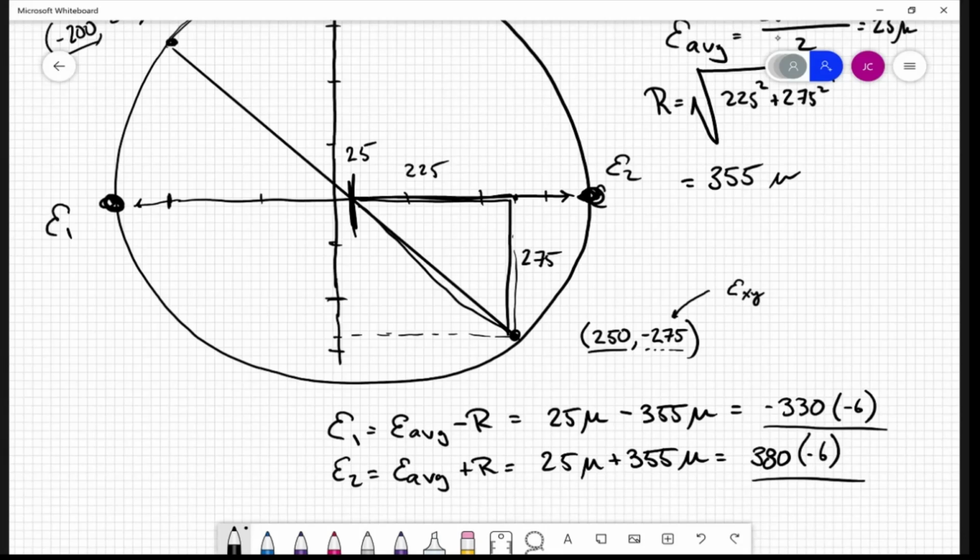Obviously, you could also figure out the max in-plane shear strain, which will be the radius times 2. It's the diameter of the circle, and then that'll actually also equal the max absolute, because in this case, the two other Mohr's circles for strain are those guys there.